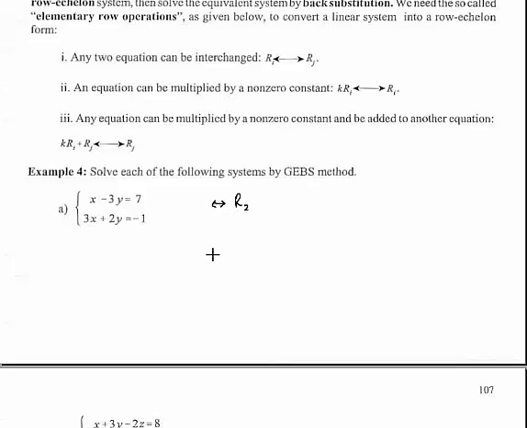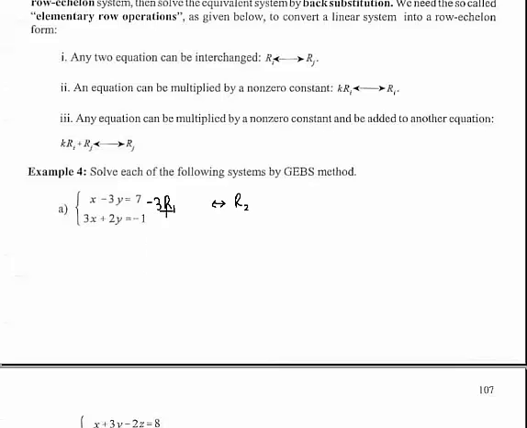I'm replacing row 2, and whatever I replace it with, I want it to only have one variable, and the one that I'm going to eliminate is the x. And so to do that, what I need to do is take row 1 and multiply it by -3.